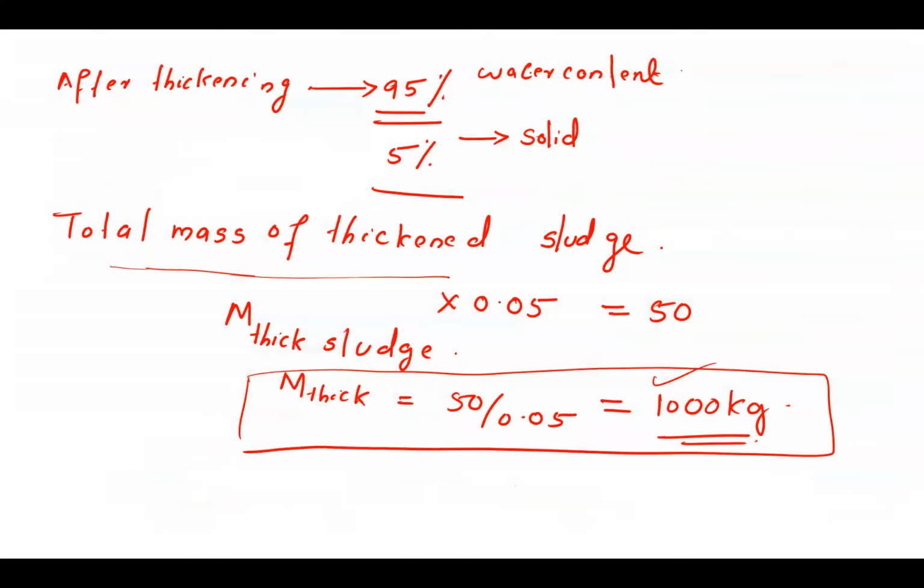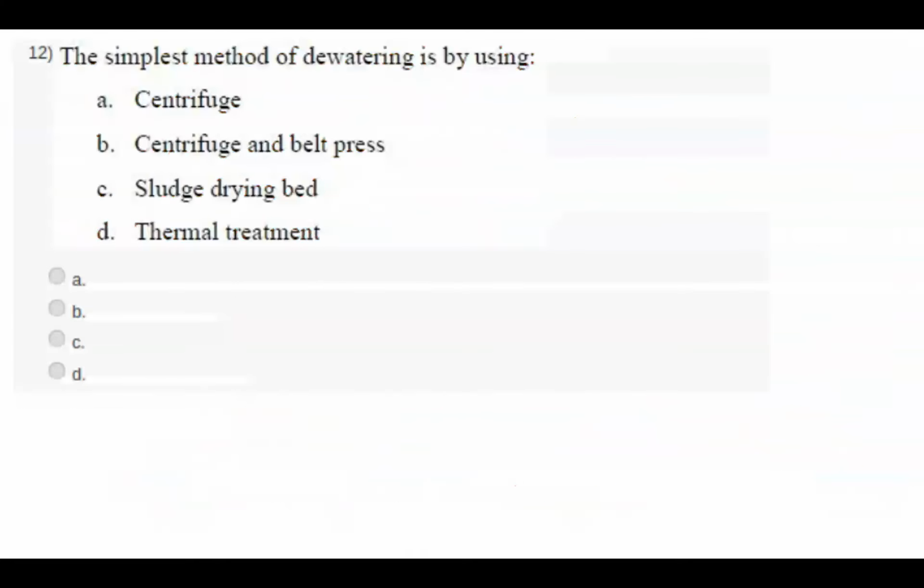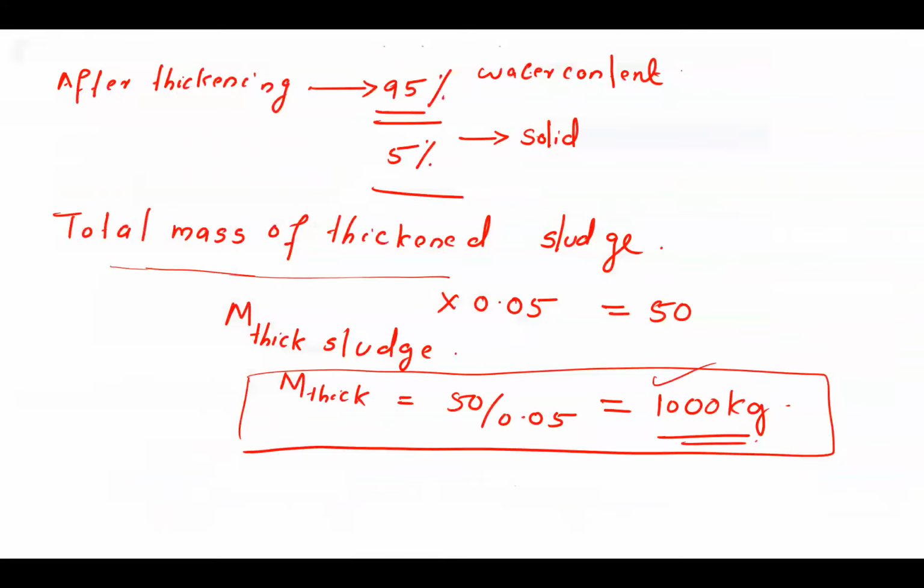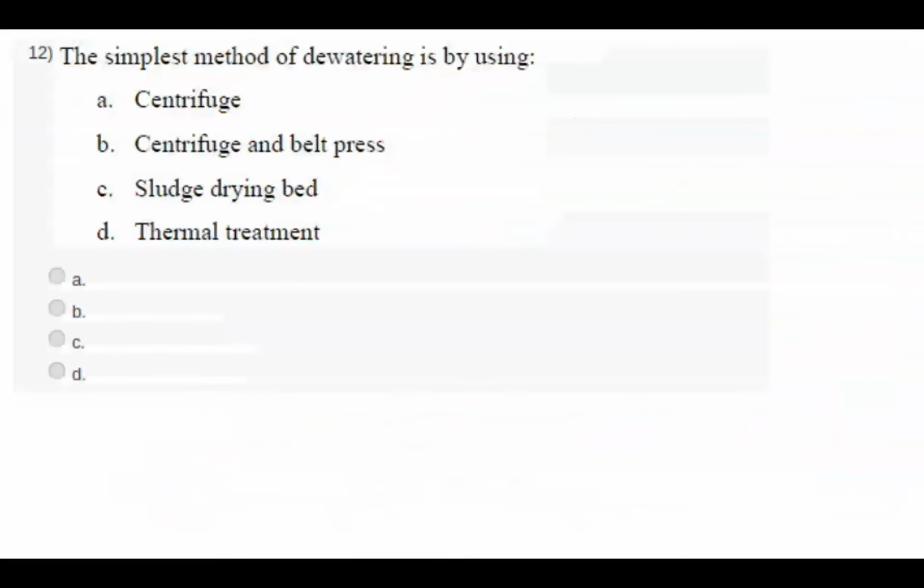Okay. So now the simplest method of dewatering is by using centrifuge, belt press, sludge drying bed, or thermal treatment. Simplest method, yes. Why? How can we say that? It is simple, easy.